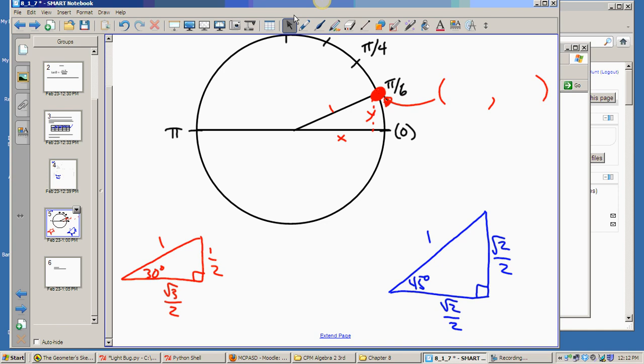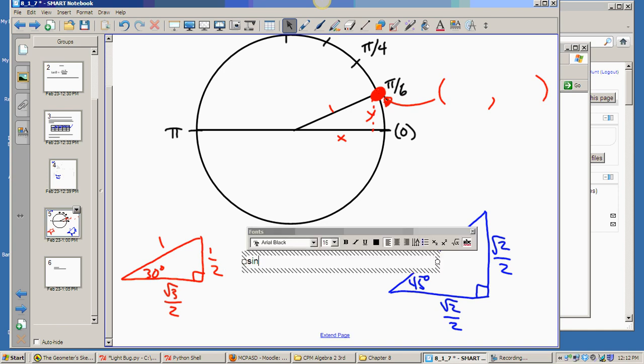If you're looking at the 30, 60, 90 triangle, I can see that the sine of a 30-degree triangle is equal to the opposite, which is 1/2, divided by the hypotenuse, which in this case is 1. That's telling me that the sine of 30 degrees is equal to 1/2. If I need an exact value, the exact value is 1/2. I'm not going to put that as 0.5.